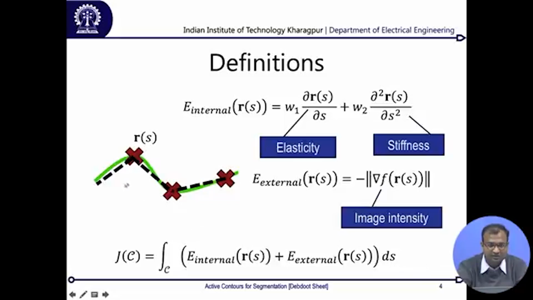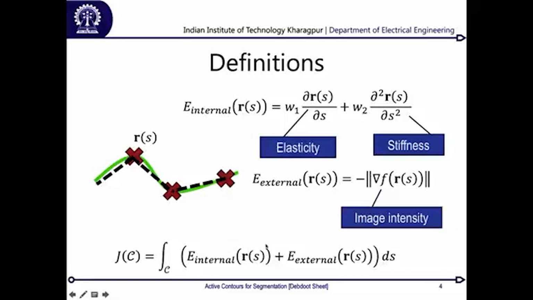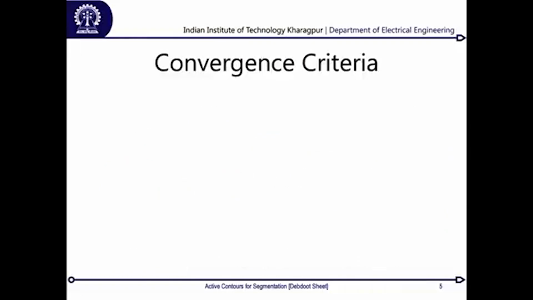So the whole curve is divided into multiple of these S's, and you just take this total summation and integrate it along the curve length, and you will get an energy proposition. This is how the energy or the state of a particular curve at any point of time is denoted. From there we come to the next part, which is the convergence criteria.